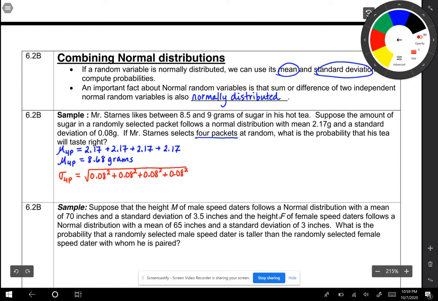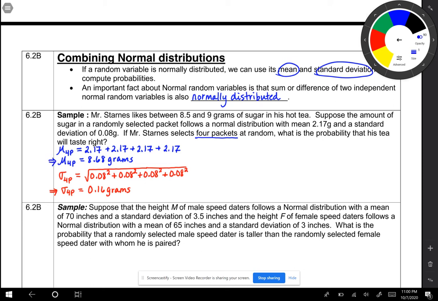Do all the math, and you get the standard deviation of 4 packets is equal to 0.16 grams. Now we need this and we need that in order to calculate our probability.